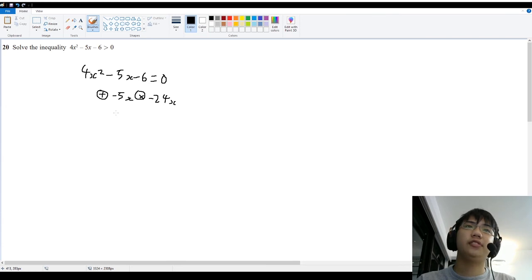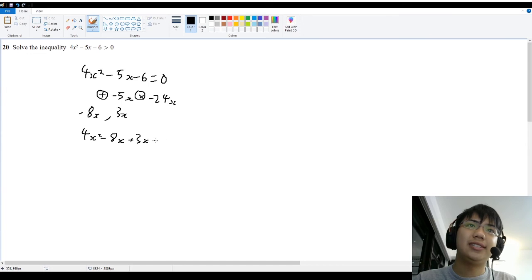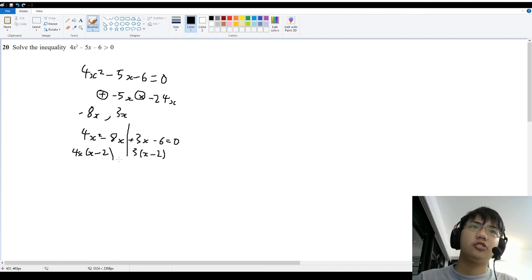The two values of coefficients for x that will fit this criteria would be 3x and negative 8x. So you have 4x squared minus 8x plus 3x minus 6 equals 0. Split this equation down the middle. Factorize both sides, so you have 4x times x minus 2, plus 3 times x minus 2, and so one of the factors is x minus 2, and the other factor would be 4x plus 3.